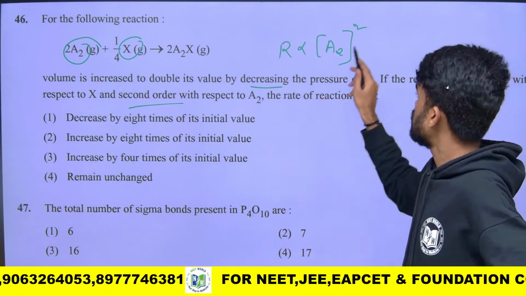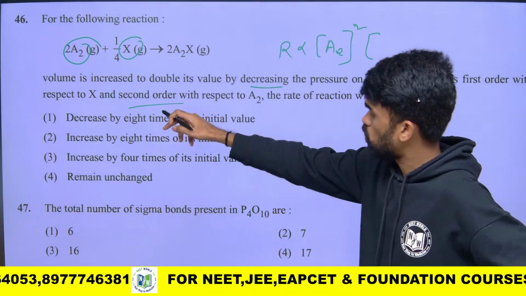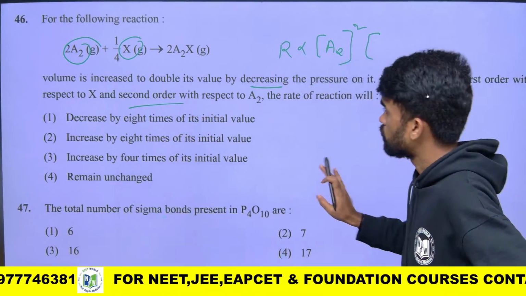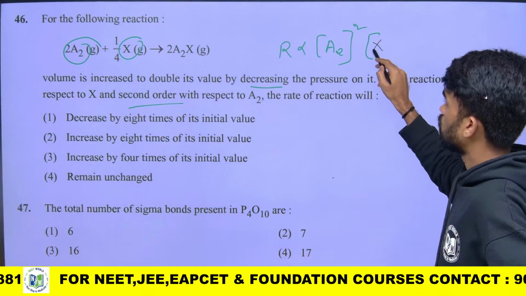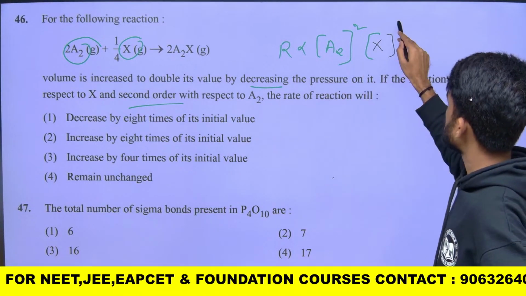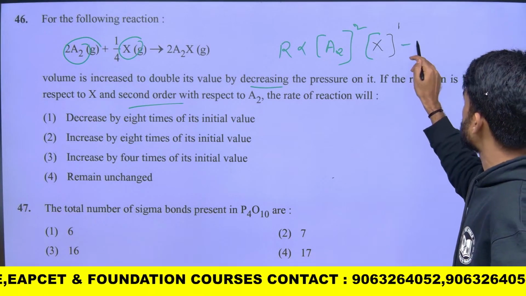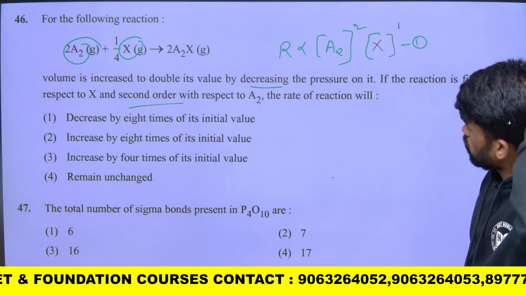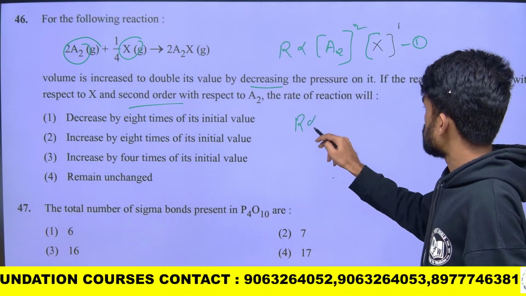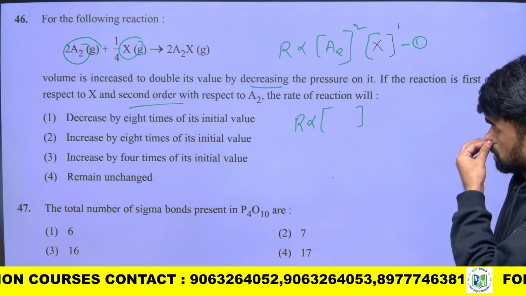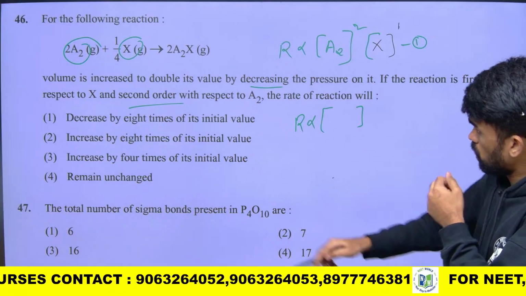Okay, and the reaction is what they are saying here. The reaction is first order with respect to X. Write like this. Okay. Now what happens? Let us consider this is the first equation. Okay. So now what are they saying?